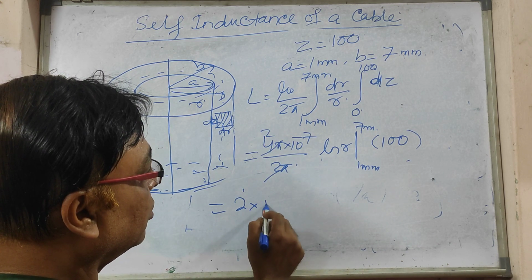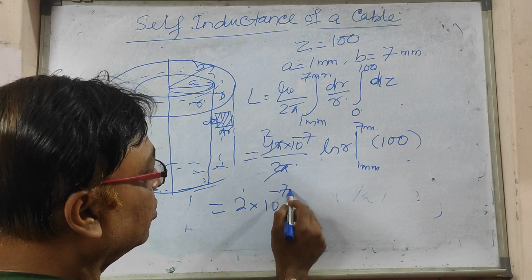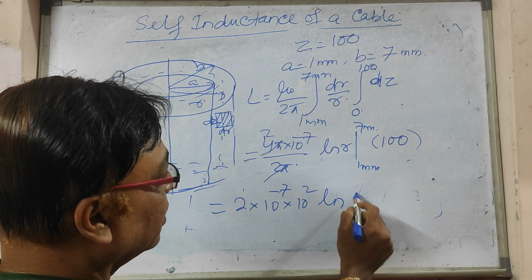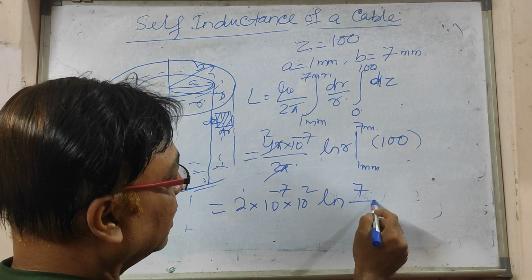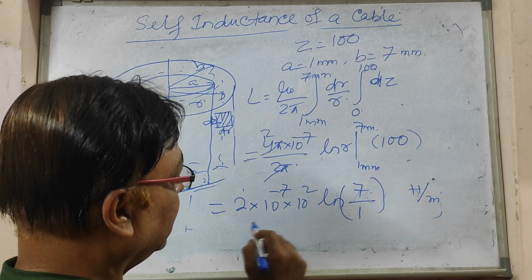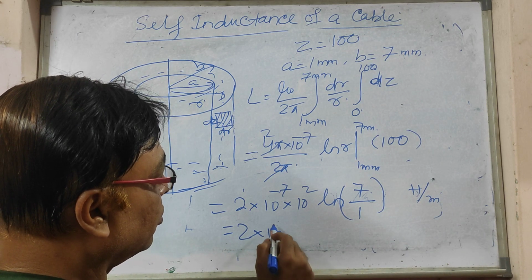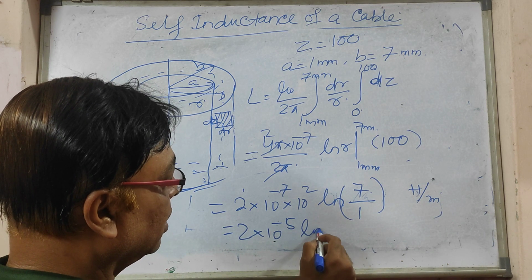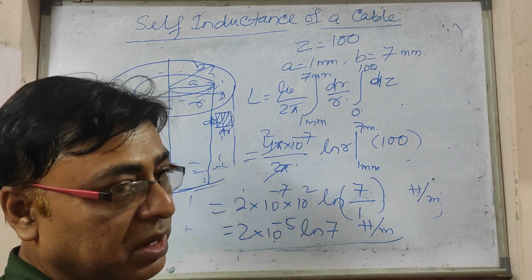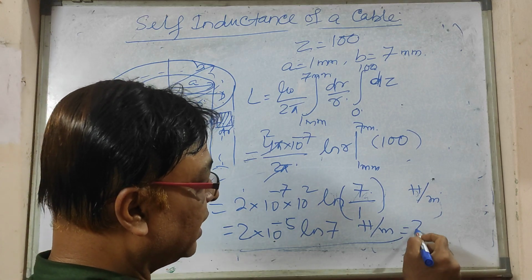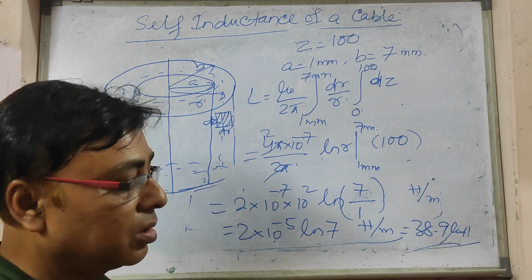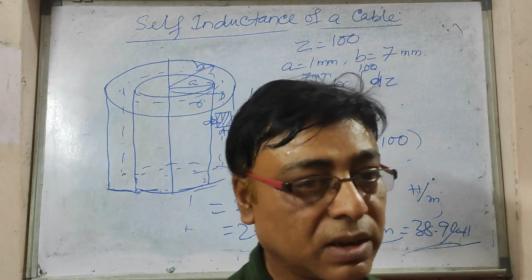So 2 into 10 to the power minus 7 into 10 to the power 2, and this one will be ln 7 by 1. Whatever we get, that is the value of the inductance. So you can write this as 2 into 10 to the power minus 5 ln 7. You can calculate by use of the calculator. So this will be coming around 30.9 micro Henry. So this one is the self-inductance of the cable.